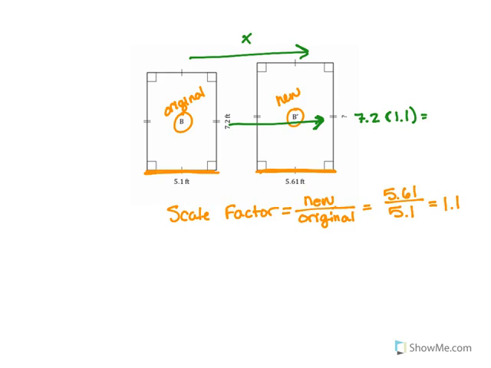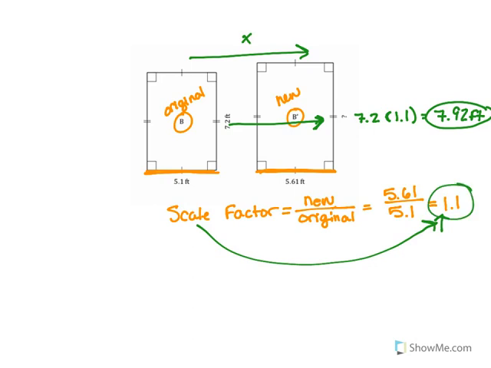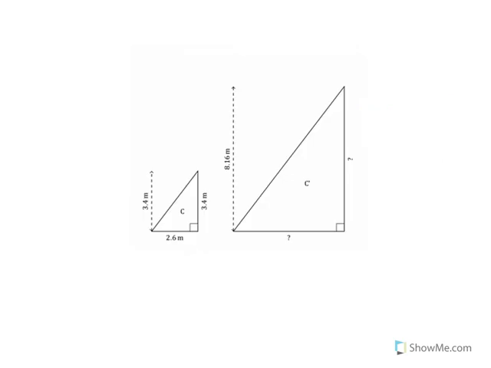And we should get, go ahead and pause this if you need a little more time to type this in, 7.92 feet. That's our answer. This is our scale factor. So those are our two answers. Okay, go ahead and pause this if you need to be able to draw this first, and then we're going to go through it together.